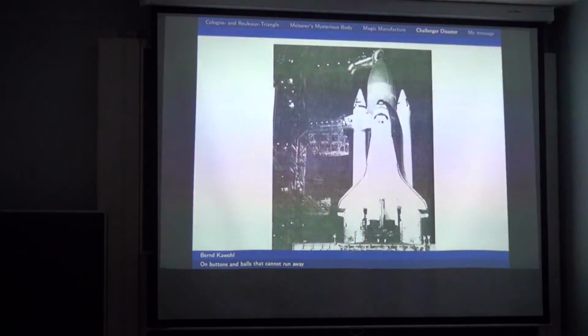Now, what happened? So this classical space shuttle has a big main rocket, and next to it are two booster rockets. The booster rockets are supposed to give extra boost in the initial phase of the start. And then after the first phase of the start, the booster rockets fall off into the Atlantic, and they are picked up by divers and taken back to the land.